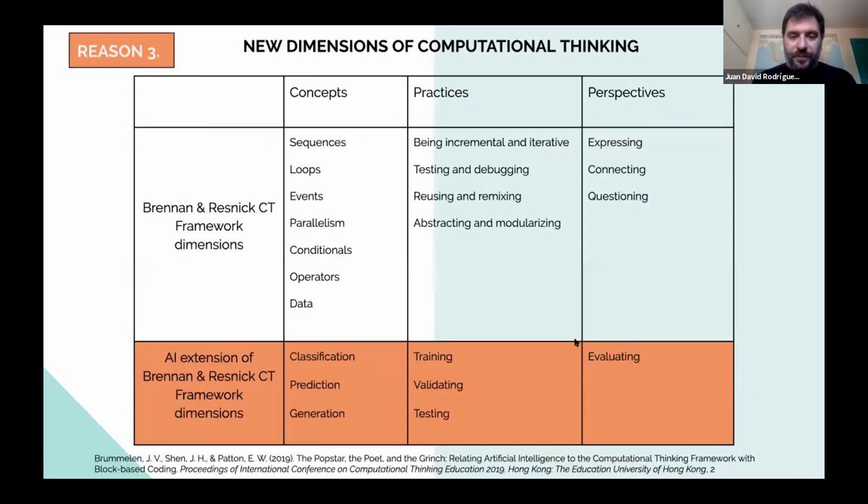Even more, some new concepts, practices, and perspectives coming from AI can be added as new dimensions to the classical Brennan and Resnick framework, as has been proposed, for example, by Jessica van Brummelen and others. These new dimensions will be classification, prediction, and generation as concepts, training, validating, and testing as new practices, and evaluating as a new perspective.